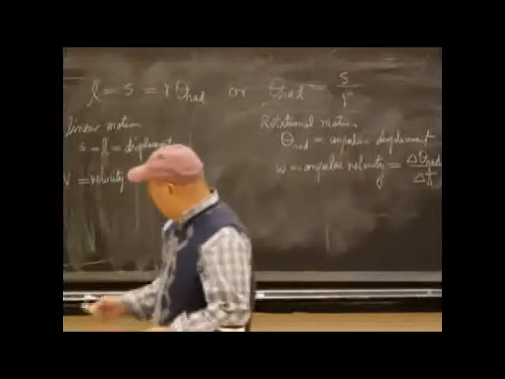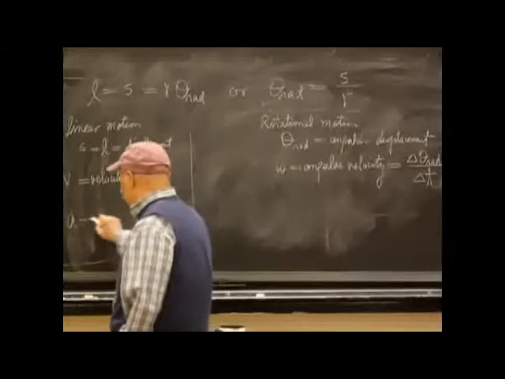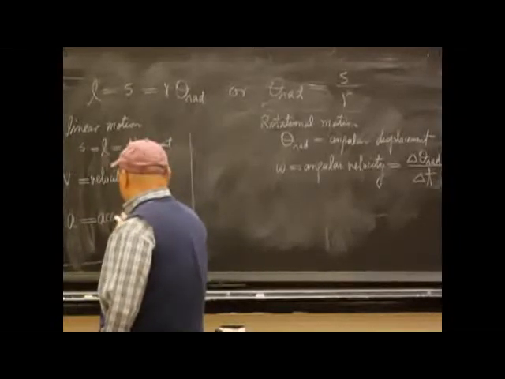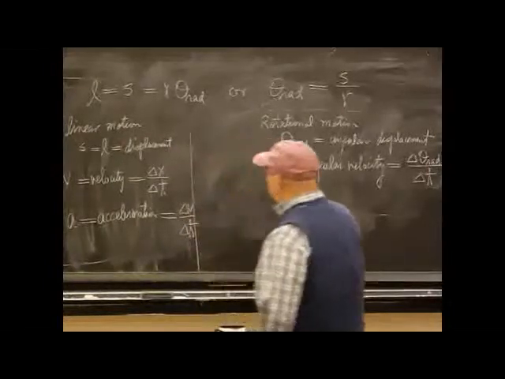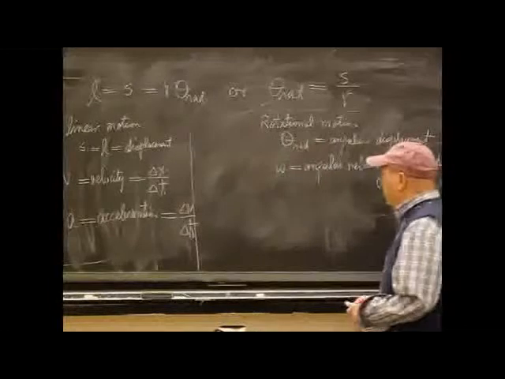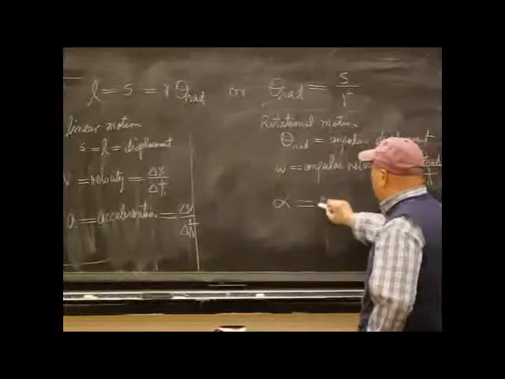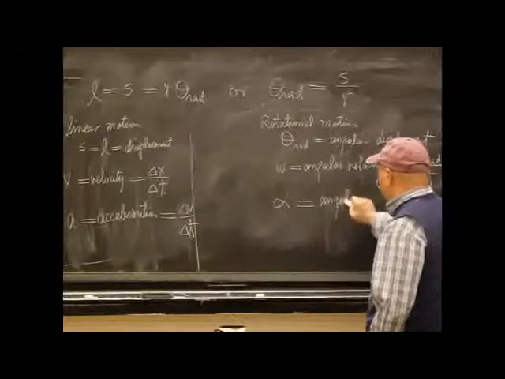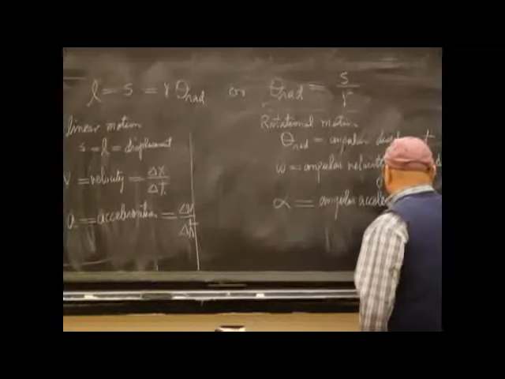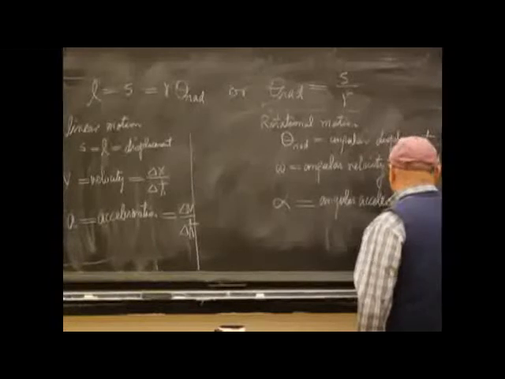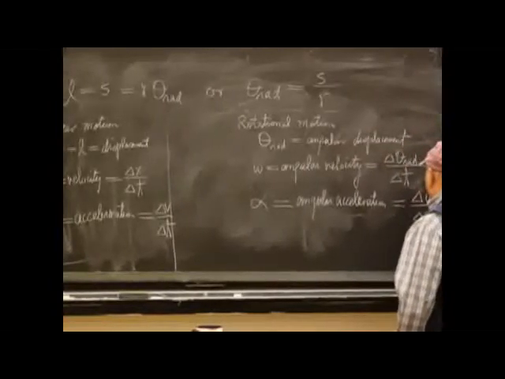Then we have acceleration, a equals delta v over delta t. And what is the time rate of change of angular velocity? That is angular acceleration, alpha, equal to the time rate of change of angular velocity.